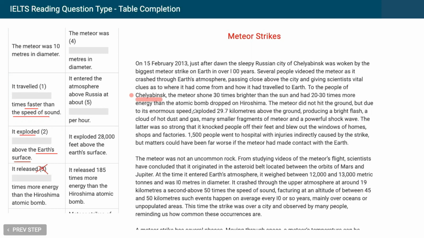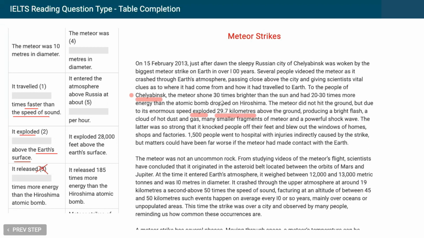And so already I see exploded. So this might be a great place for number 2. And I see a distance. If you remember, number 2 was a distance and also obviously a number, but kilometers is a distance. So I already have an excellent idea that this could be the correct answer. But let's just read ahead and make sure that we're 100% confident.